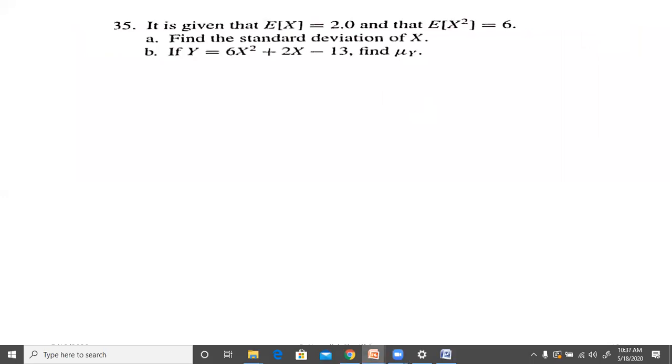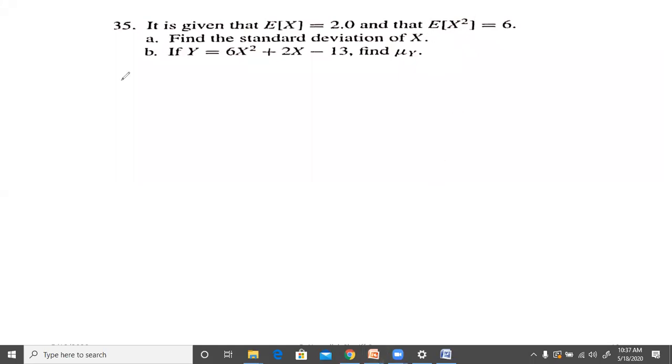Next is this. It is given that E of x equals 2.0 and that E of x square is equal to 6. Find the standard deviation of x. If y is equal to 6x square plus 2x minus 13, find mu of y. So again I'll start the annotation.